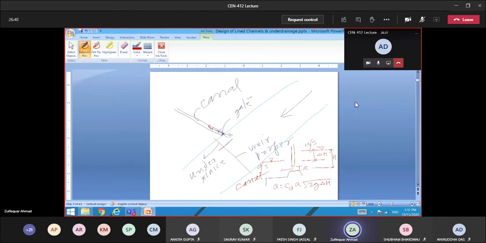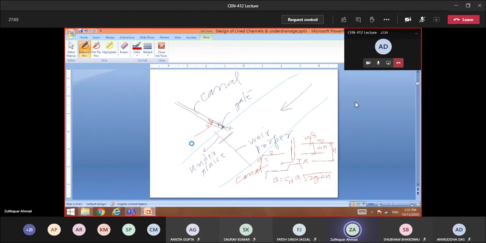So in that case, what is being done is a well is excavated here, and this is linked with the flow, right? So in the well, you will get stagnant water, and very easily you can measure the water level. So that is a measuring well, to get this water level.